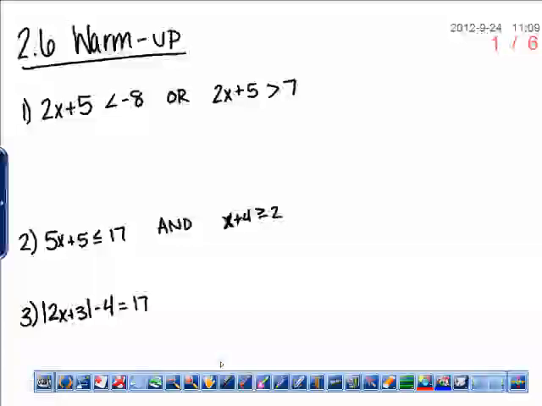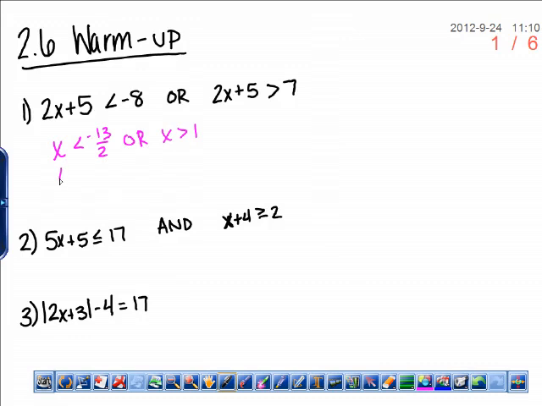So let's start with number 1. If you left your answer as an inequality, if you wrote your answer as an inequality, you should have x less than negative 13 halves or x greater than 1.